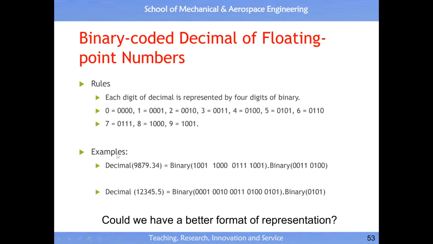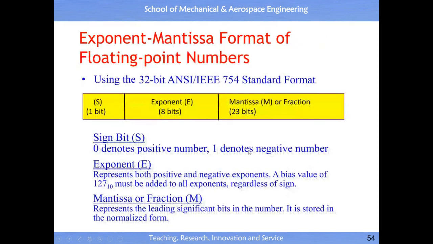So this is a simple way, but then our scientists always ask this question: could we have a better format of representation? And the good news is yes, without wasting too much memory. With a single word, for example 32 bits, a register of a fixed size, we are able to represent a very big number.